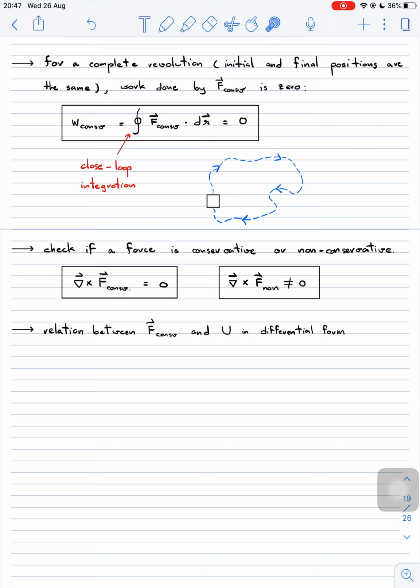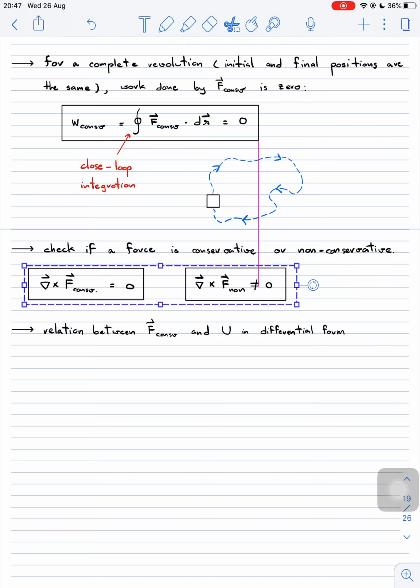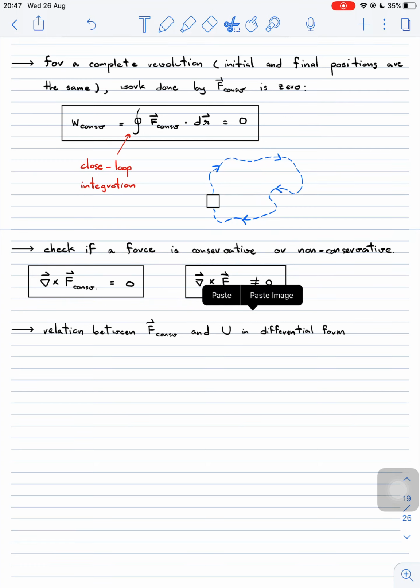The curl of the conservative force must be equal to zero, and if we have a non-conservative force, the curl of this non-conservative force is not equal to zero.